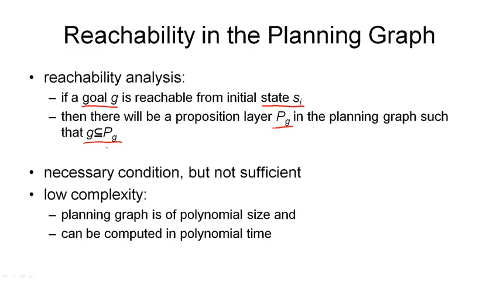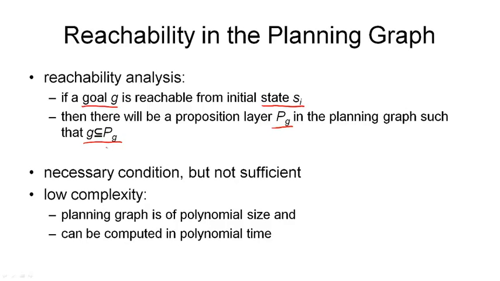And if we construct a planning graph consisting of 2n plus 1 layers, where n is the length of our solution plan, then this plan is contained in this planning graph, where we select the first action in the first action layer, and so on. And that must achieve the goal. So that means in our last proposition layer, all the goal propositions must be contained.